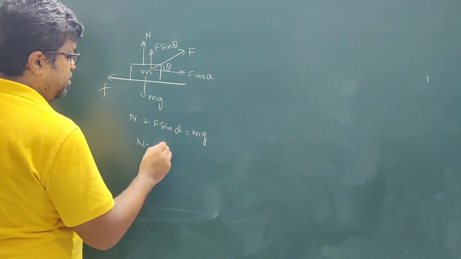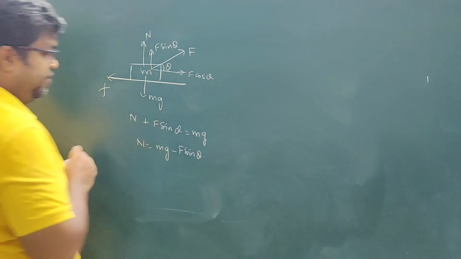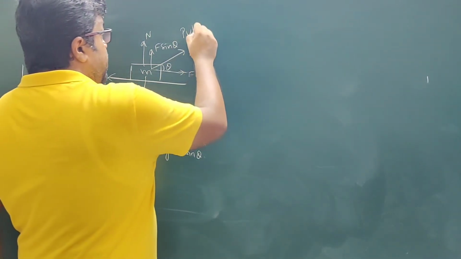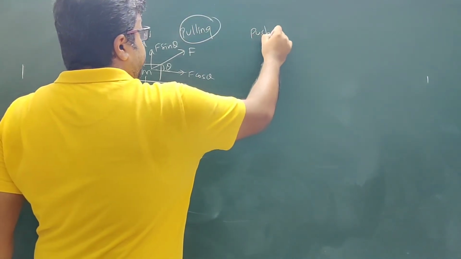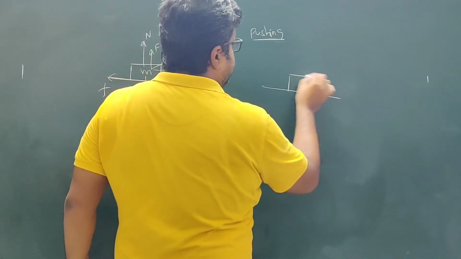So N is equal to mg minus F sin theta. Okay, this is when we are pulling. Now for pushing, what will happen? Same block.